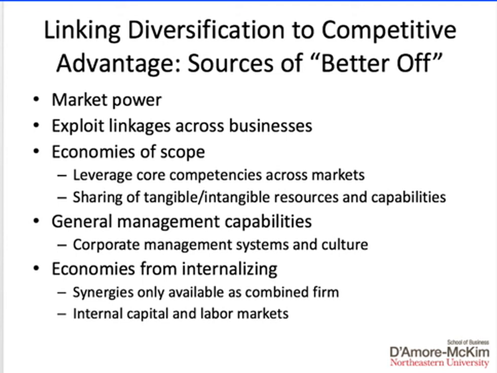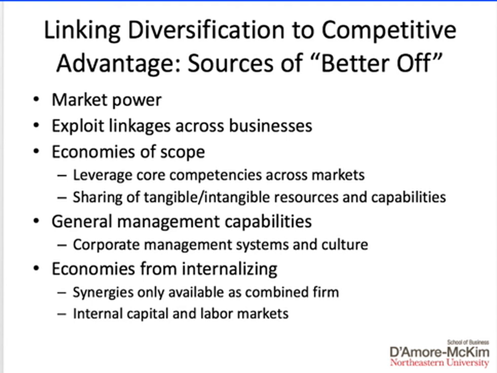Fourth, I might have general management capabilities or abilities from headquarters that are pushed down to the business units, such as corporate management systems or culture that lead to generation of competitive advantage. And finally, there might be some economies from internalizing or diversifying, because there may be some synergies created that are only available if we jointly operate these two businesses together.